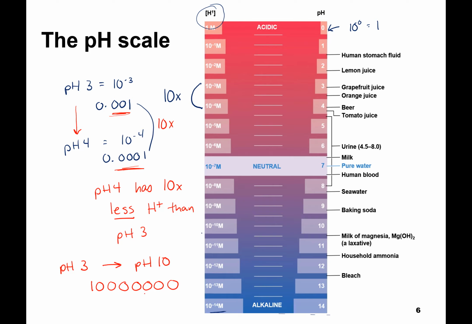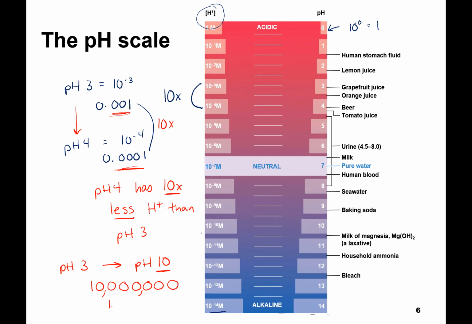You have 10 million times less hydrogen ions at pH 10 than pH 3. Right? 10-fold 7 times.